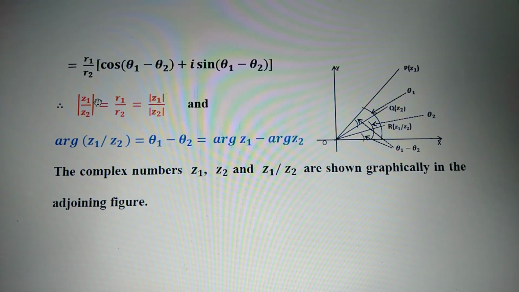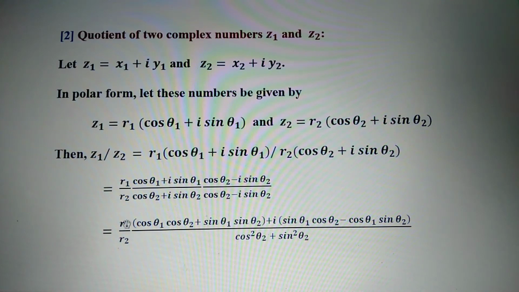Okay, so we have R1 by R2, and this denominator is 1, and this is cos A cos B plus sin A sin B, that is cos (A minus B). And this is sin A cos B minus cos A sin B, that is sin (A minus B).